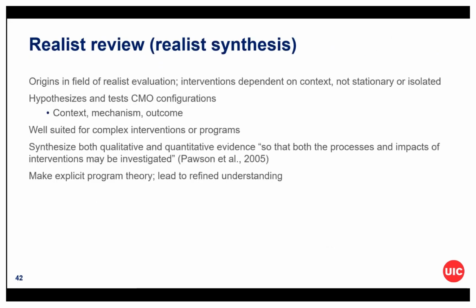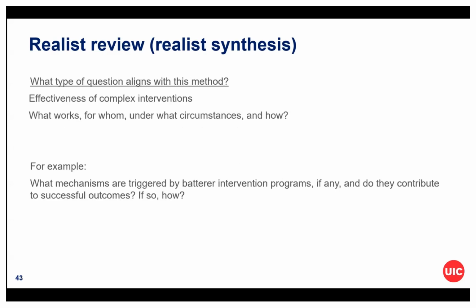And then the realist review or realist synthesis. It answers the question, what works for whom, under which circumstances, rather than what actually works. So that's a slightly different way to think about this: what works for whom in a particular situation. It's good for complex interventions or programs, looking at how they're working or not working in particular contexts and settings. So we have an example of a question here: What mechanisms are triggered by interventions and programs, if any?